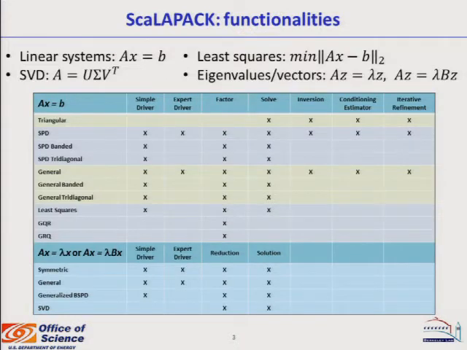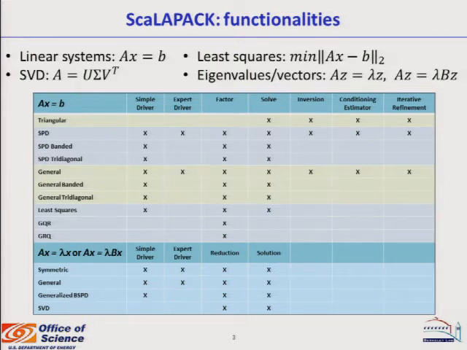In those 4 bullets, you can have an overview of the kind of problems you can solve with ScaLAPACK. Linear systems of equations of the type AX equals B, in some cases with more than one B, in other words, multiple right-hand sides. You can compute singular value decompositions, SVD, right?